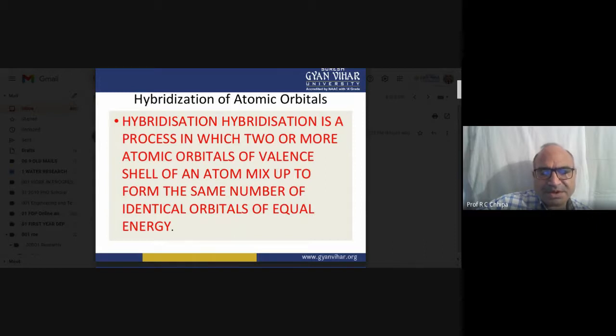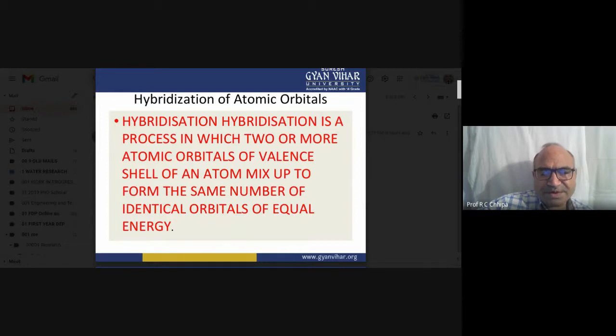Because the electronic configuration in the second shell is 2s2, 2px1, and 2py1. How can we say that CH4 is a stable compound, and that CH4 is formed between one carbon and four hydrogen atoms?